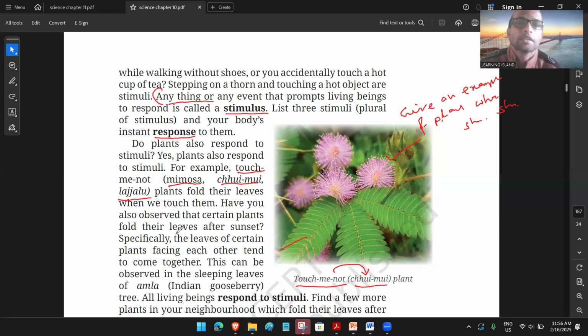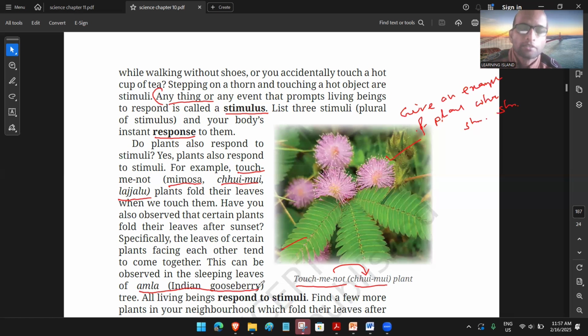They are all the same. So their leaves respond when we touch them. And one more thing, amla, Indian gooseberry.